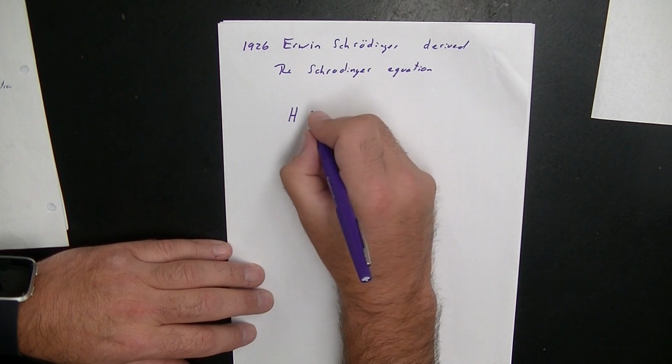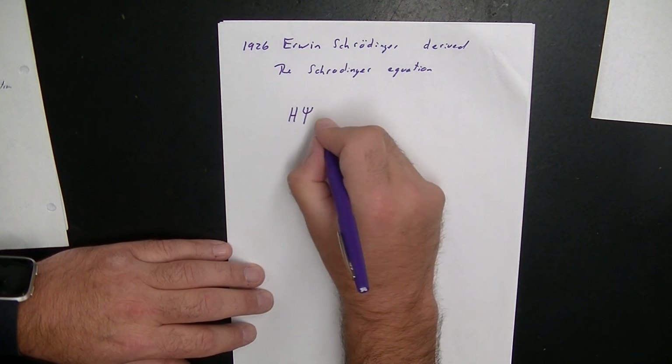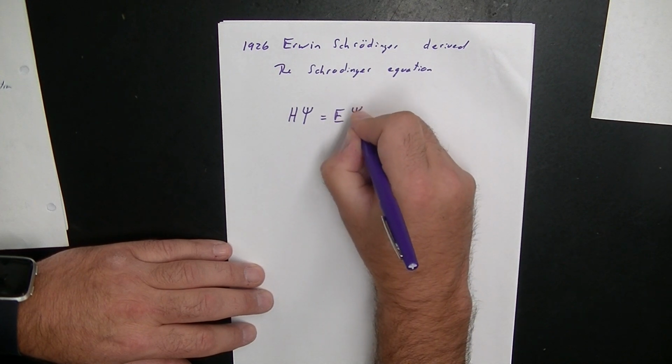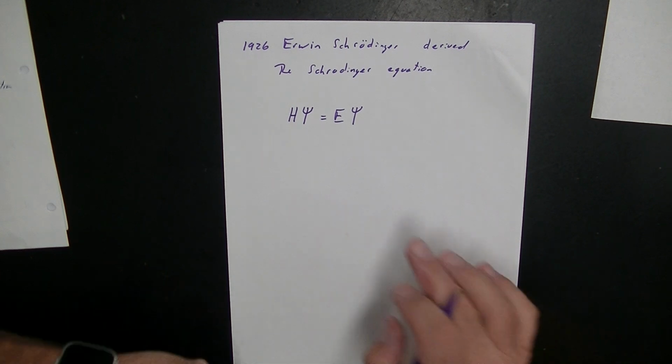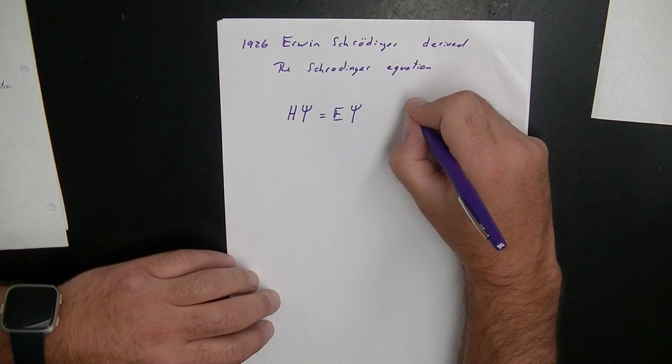H, I don't even know what this Greek letter is, equals E. That's the Schrödinger equation. Actually, this is a simplified version of it.